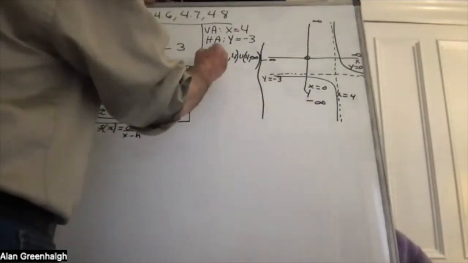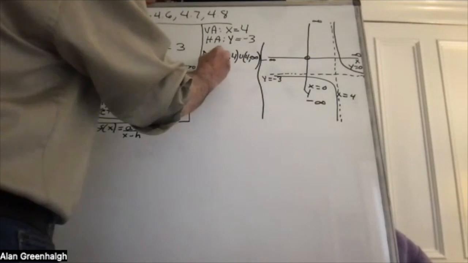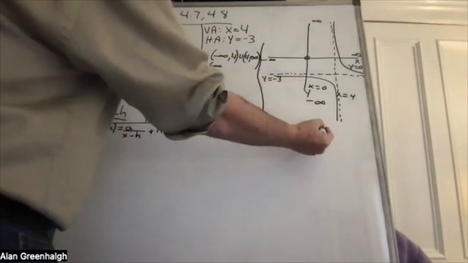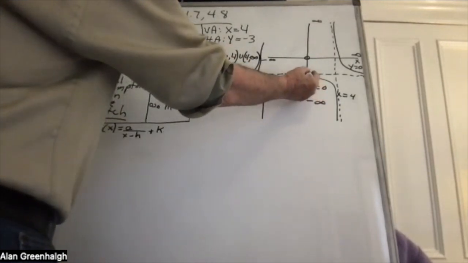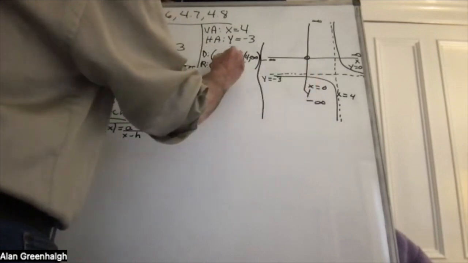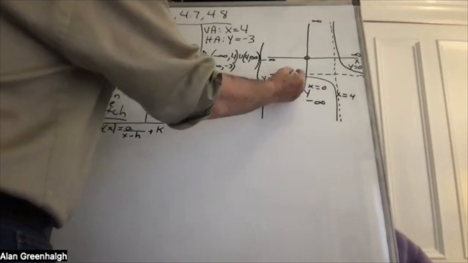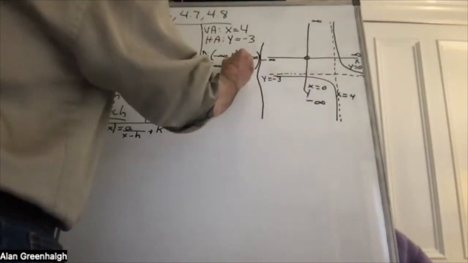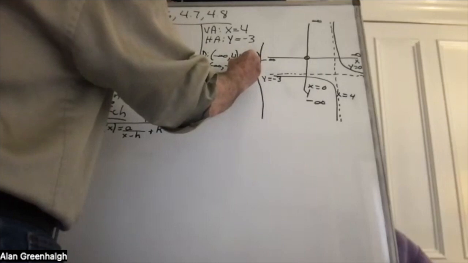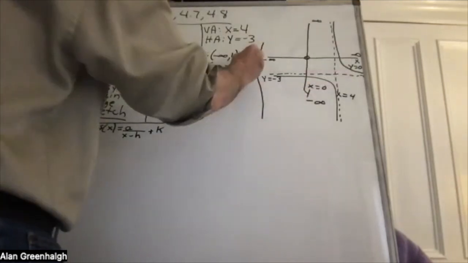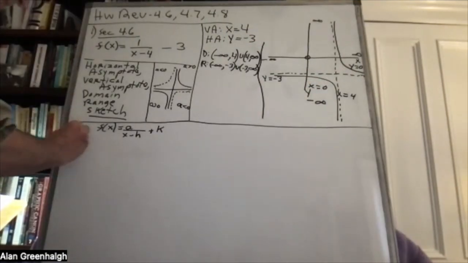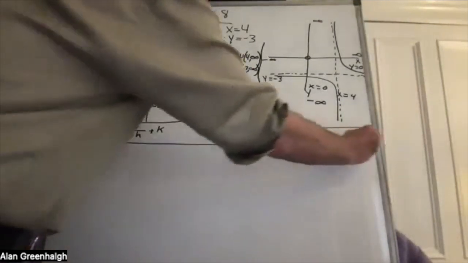So the range will go from negative infinity, and when it reaches y equals -3, that's where it stops, and it picks up again on the other side, which is -3, and then goes up to infinity. But anyway, that's the problem.